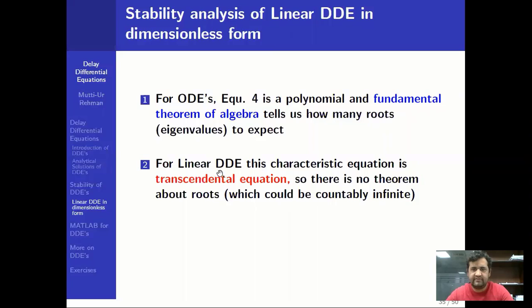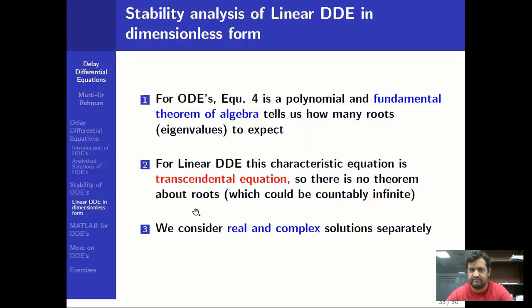For a linear delay differential equation, the characteristic equation is basically a transcendental equation. So maybe one can use the Lambert W function in order to compute its solutions, which are basically the eigenvalues in our case.